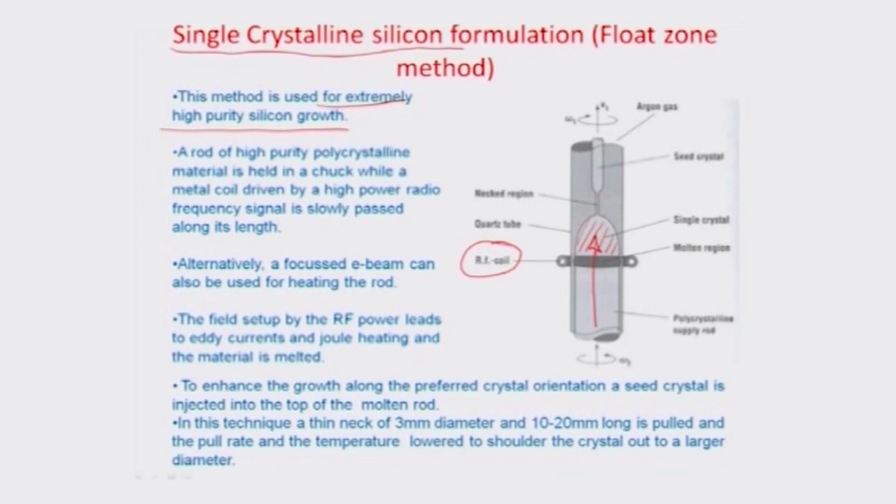Okay. And on the other side, you lower the seed crystal into this orifice here, and the seed crystal is actually used as a template for growth of this polycrystalline material being pushed through the orifice onto the other side.